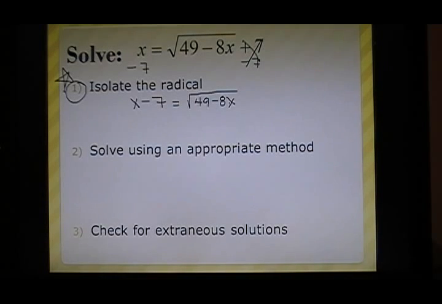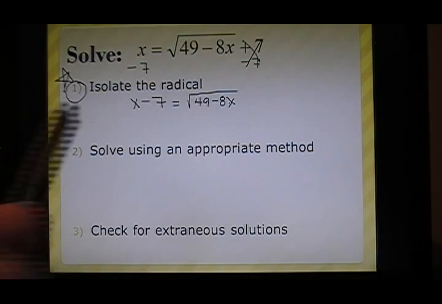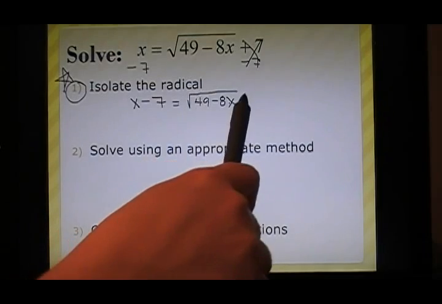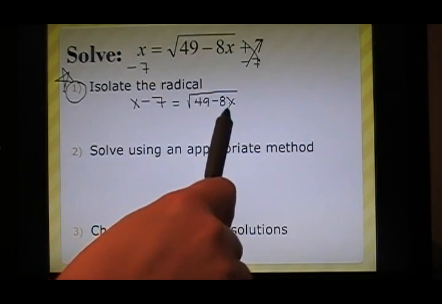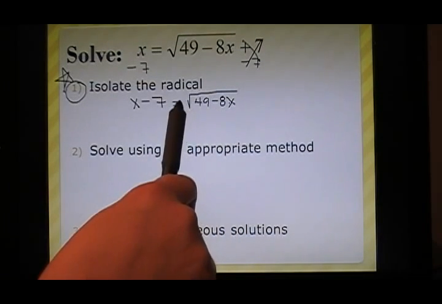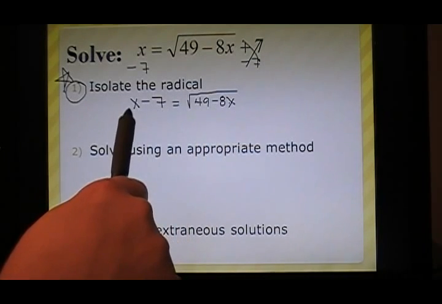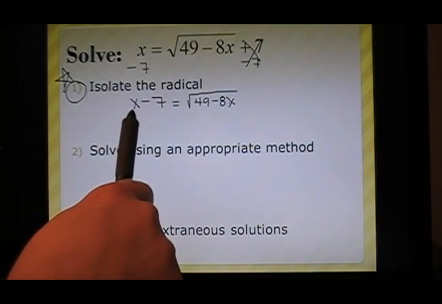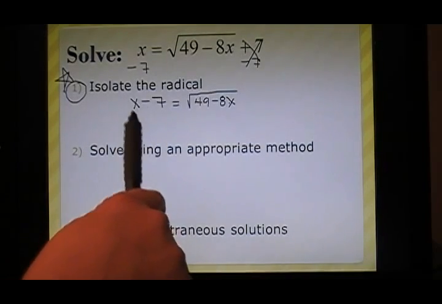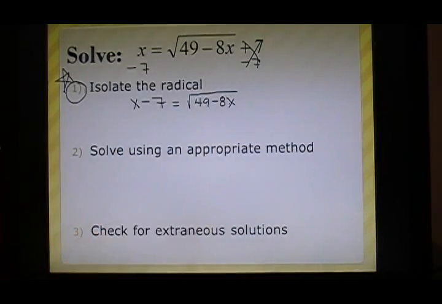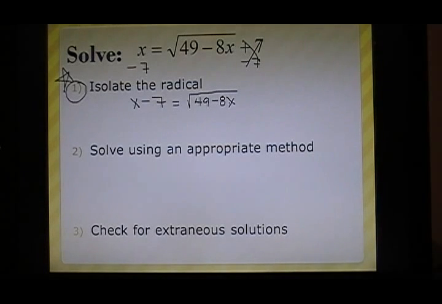Okay? And so what this says is the square root of 49 minus 8x says the positive number that I multiply twice to get this is this, right?